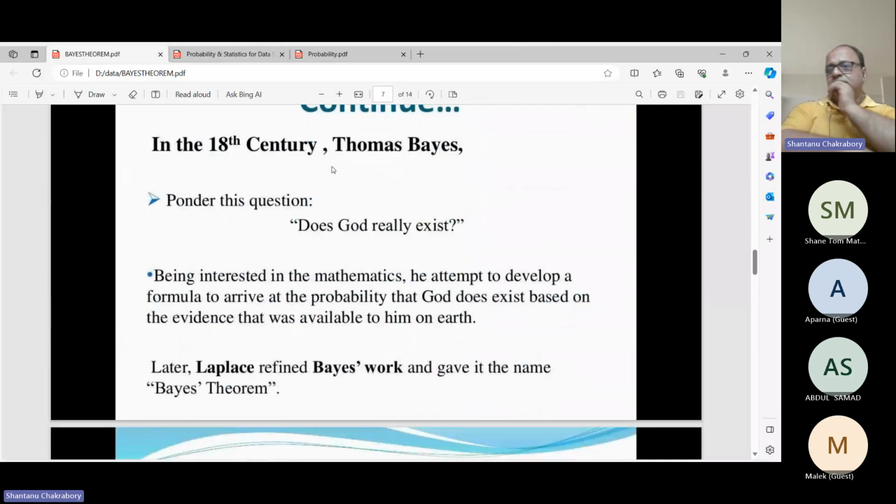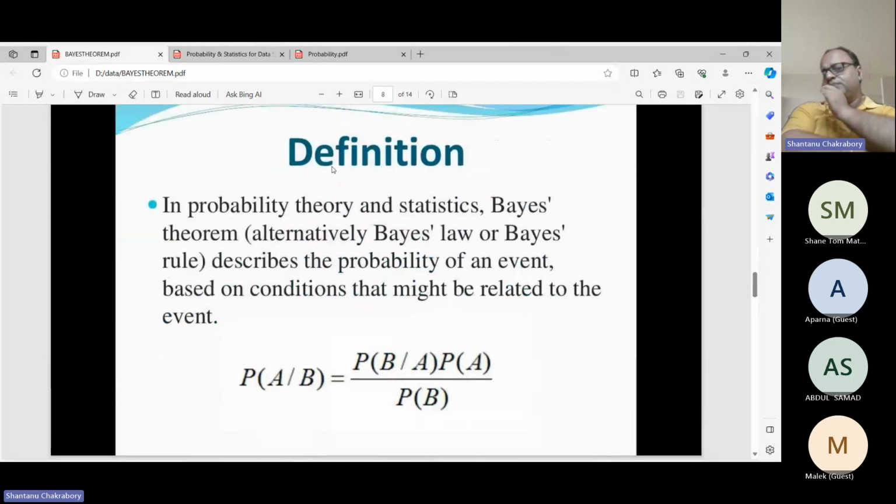It was designed by Thomas Bayes in the 18th century, and Laplace then defined Bayes' work and gave it the name Bayes theorem. So what is the definition of the Bayes theorem? As per Thomas Bayes, in probability theory and statistics, Bayes' law describes the probability of an event based on a condition that may be related to the other event.